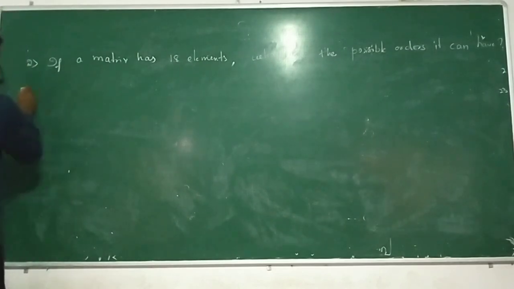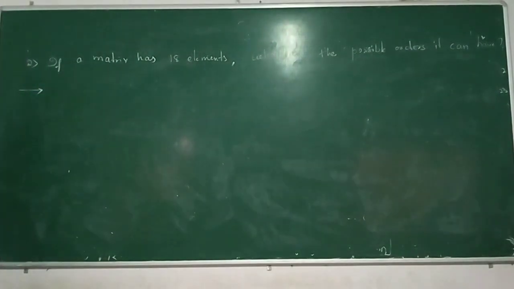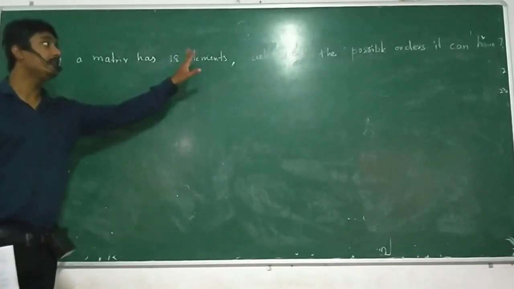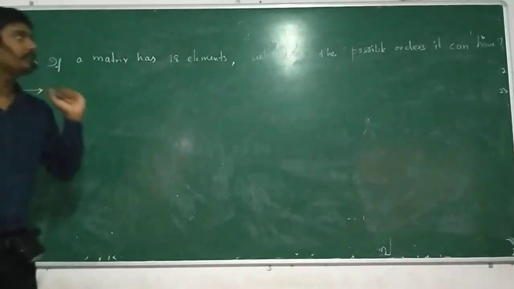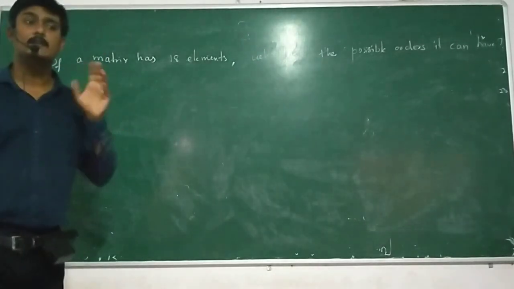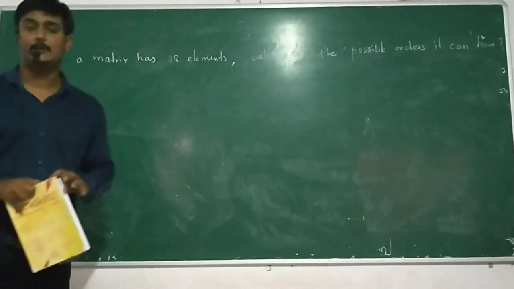Now, in this question what are we given? We are given how many elements are there in the matrix. Knowing the number of elements, we are asked to write down the possible orders that matrix can have.